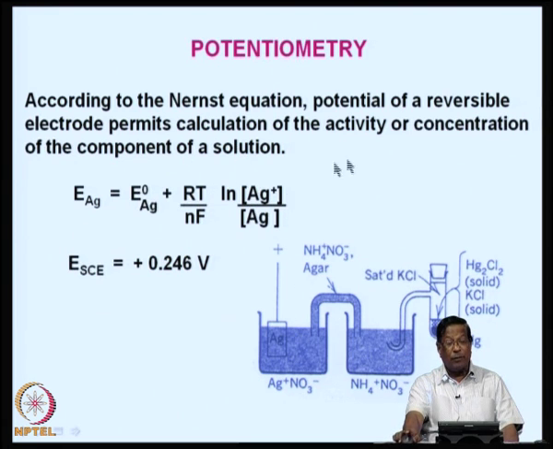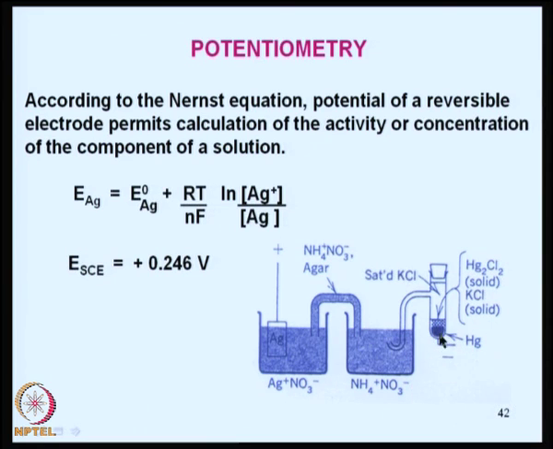For example, here I am showing you a silver nitrate solution with a cation here, and another beaker contains ammonium nitrate solution, and then it is connected to a calomel electrode, that is Hg2Cl2, an electrode of the second kind, mercurous chloride in KCl, and then an inert electrode, and you take a wire from the bottom containing mercury, that is Hg2Cl2 plus chloride plus mercury. So, this is a reference electrode.